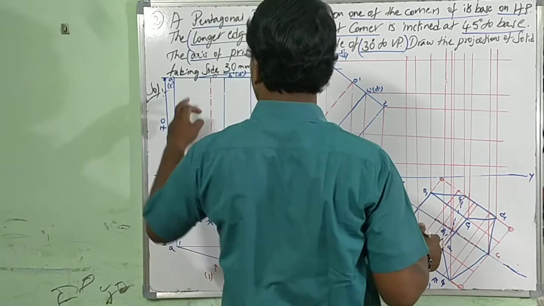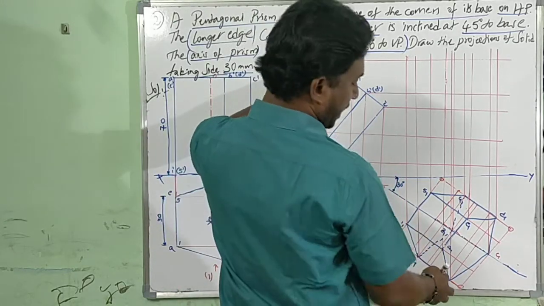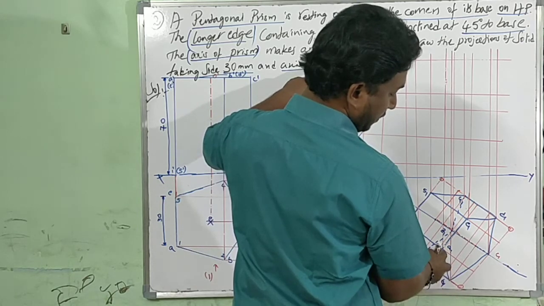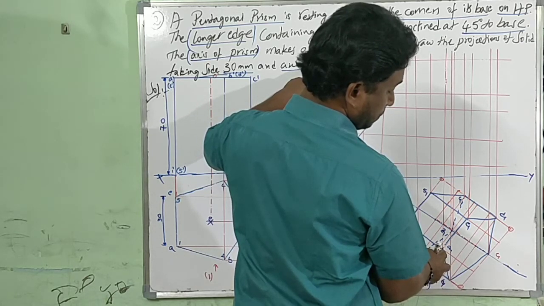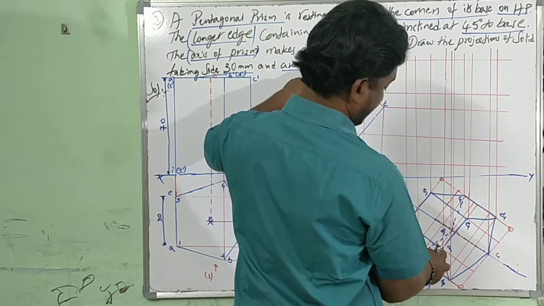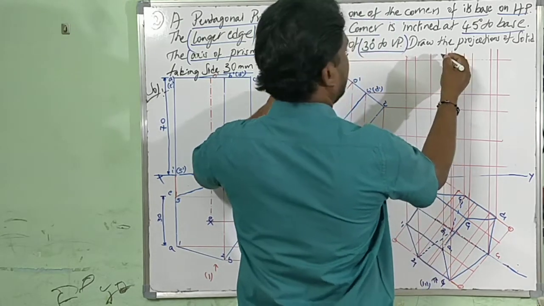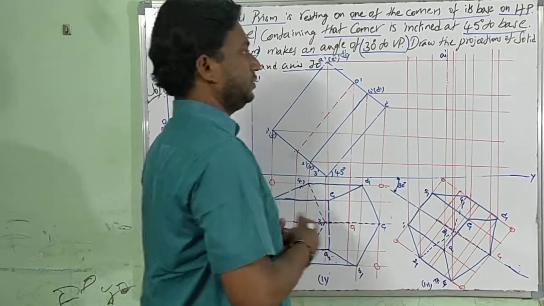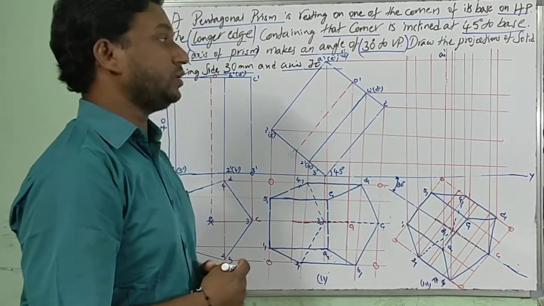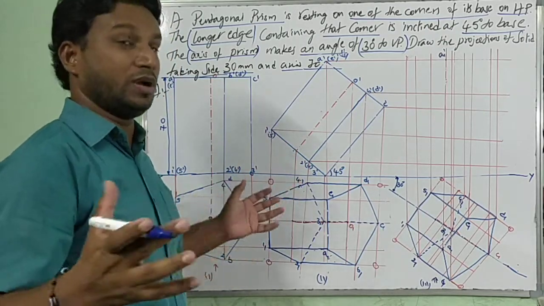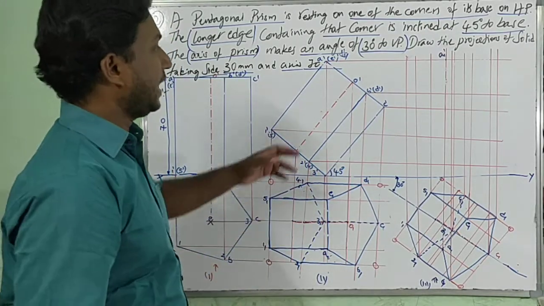So pick the points A dash, A1. A1 is here. A1 dash. Boys, this has to be done carefully because my lines are very close. Your lines may have a little bit of gap.